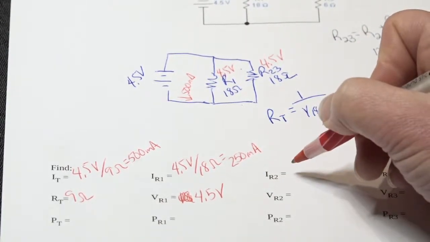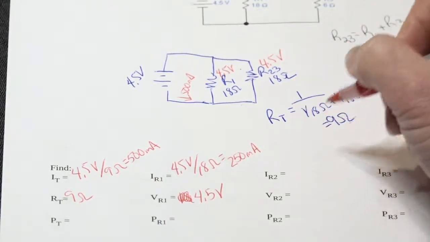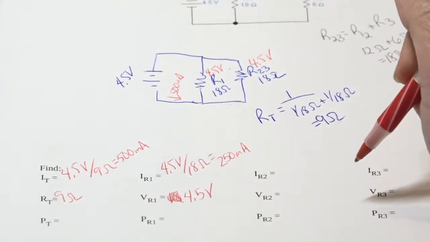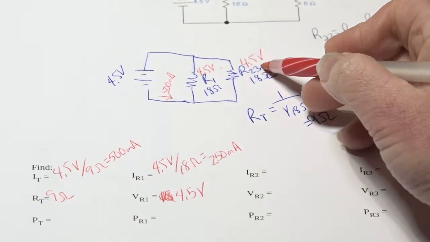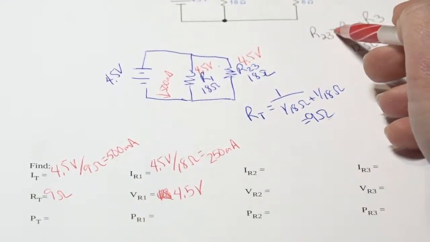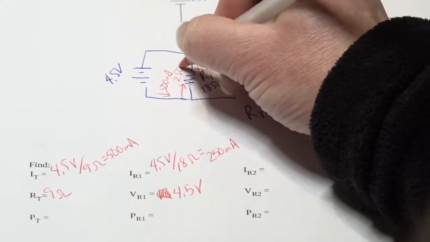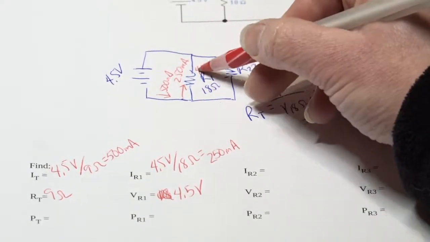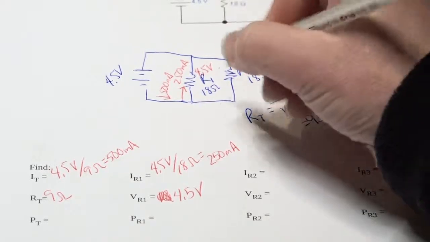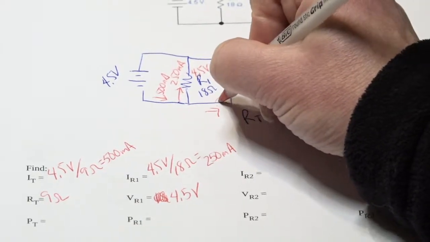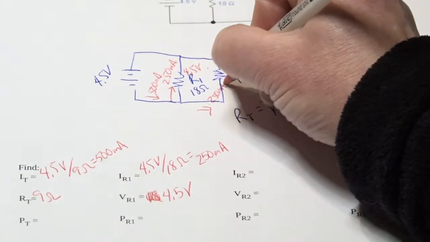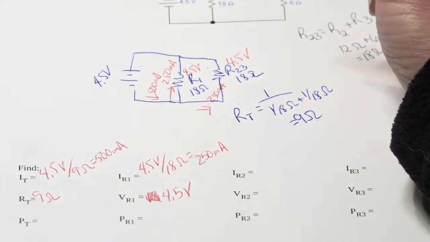And this one, we can't do that one yet, because remember, this one is a combination of these two. So we've got 250 milliamps going through this branch. How much do we have left to go through this one? Well, how about that? Half of that, which is 250 milliamps.